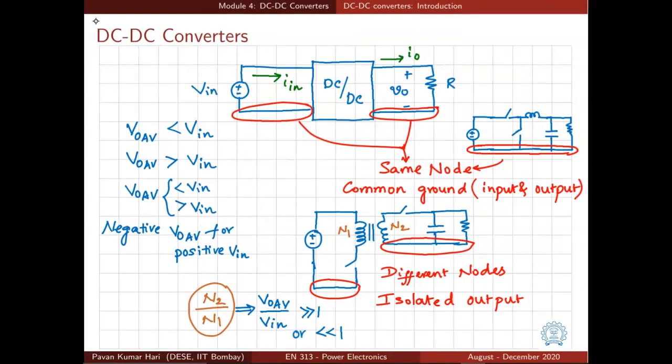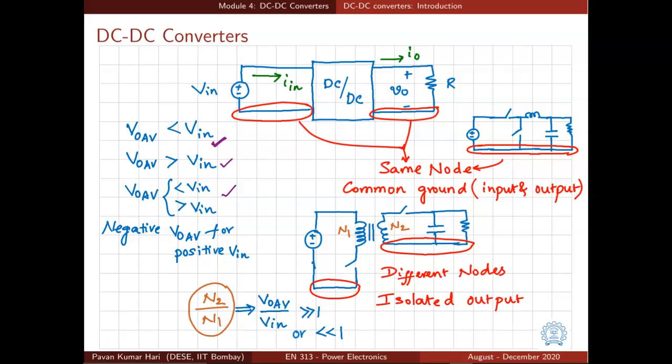And another interesting point about DC-DC converters is that the average output voltage, VO average, could be less than the input voltage, or it could be more than the input voltage, or you can have a DC to DC converter which can give an output voltage whose average value is either more than or less than the input voltage.